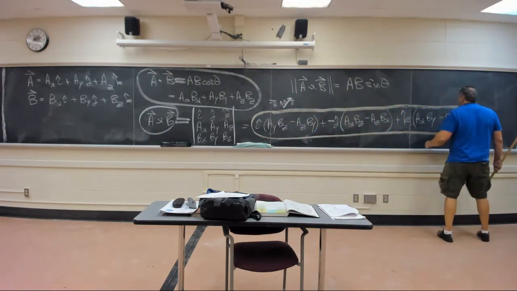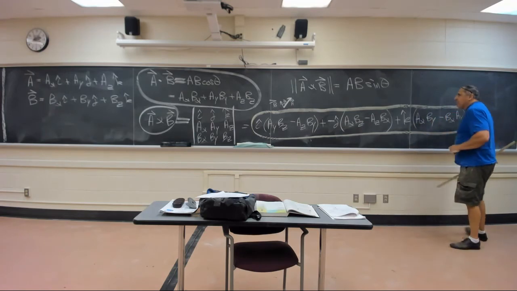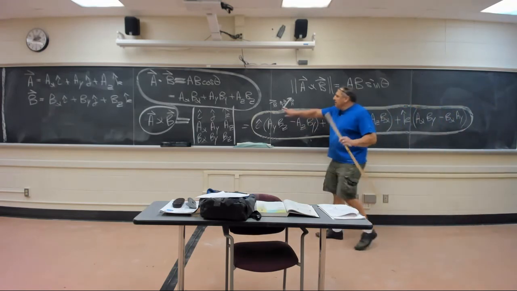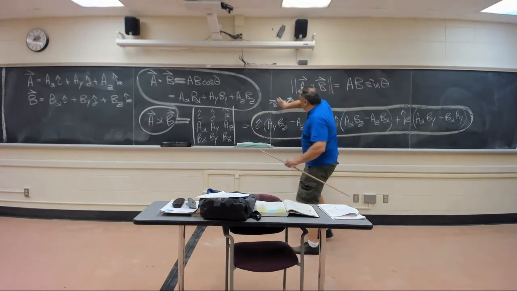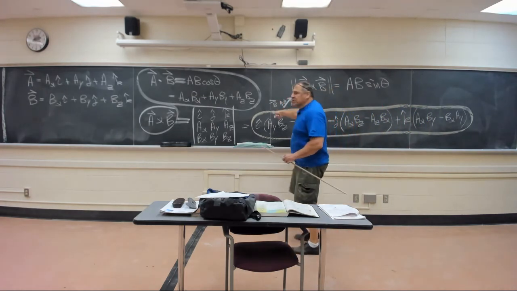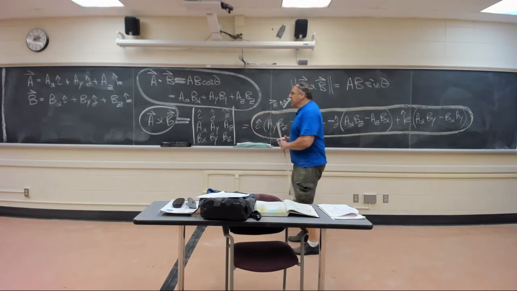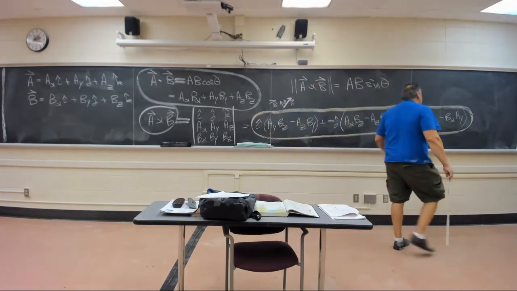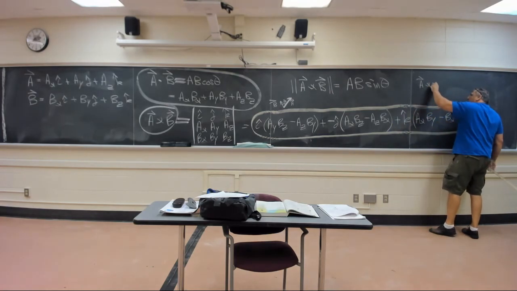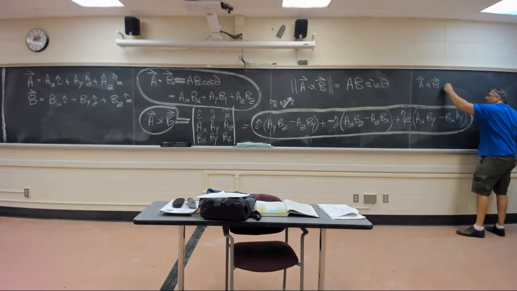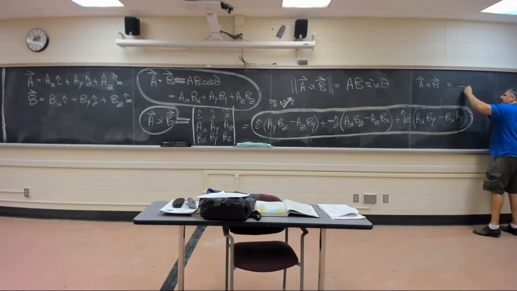In addition to that, now if you did the other way, B vector cross A vector, put your right hand here, roll your fingers that way, it goes in. They're the same exact magnitude, but this one right here is the negative of this one right here.